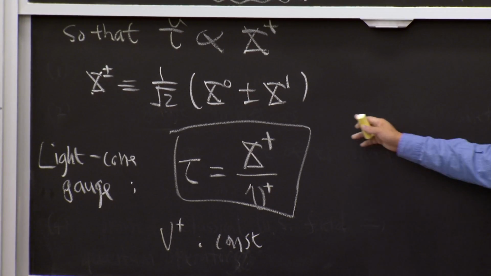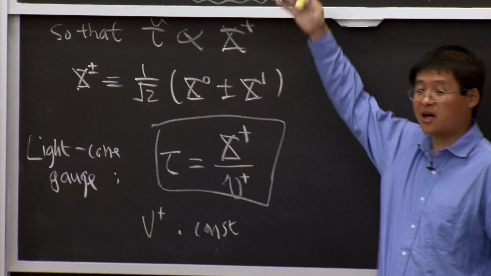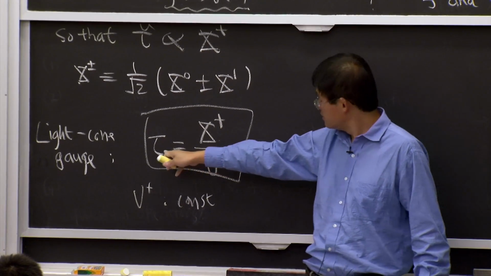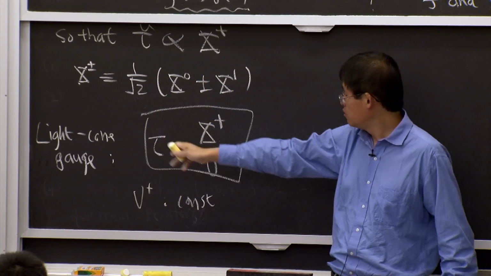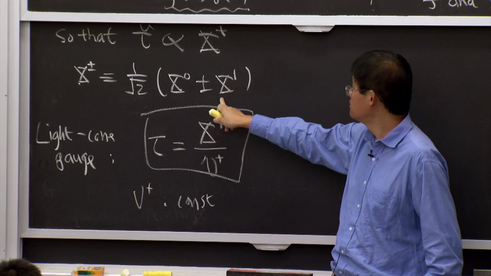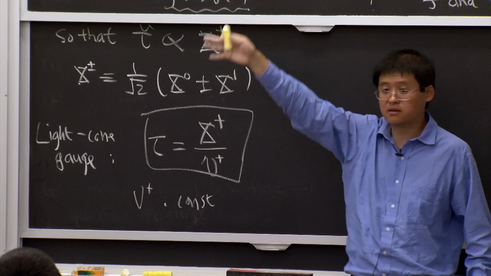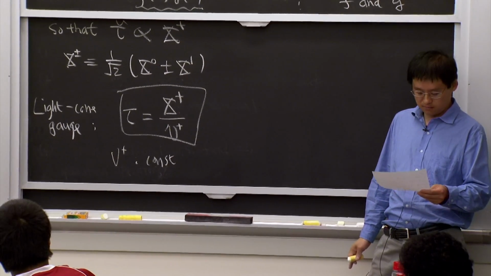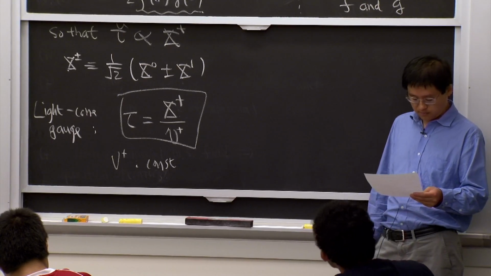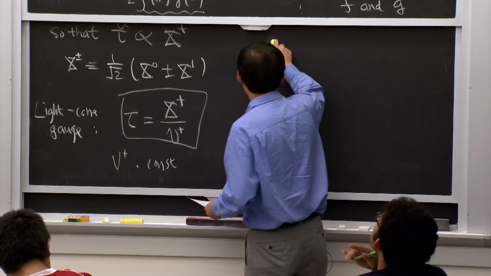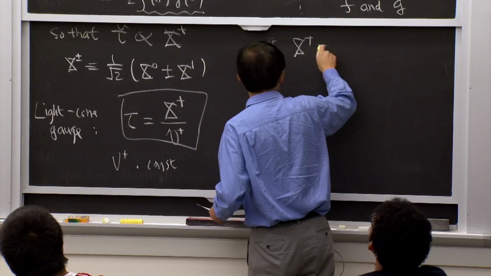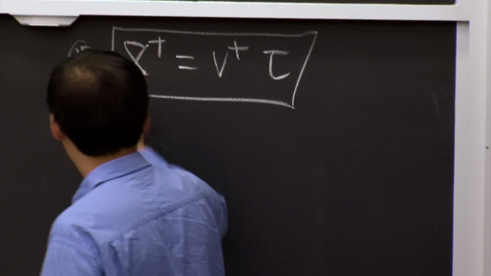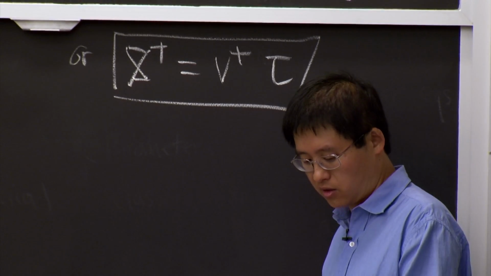This is the so-called lightcone coordinate in the target space. This corresponds to identifying the worldsheet time with the lightcone time in the target space, or in other words, x plus equals v plus tau. So this is what we call the lightcone gauge.